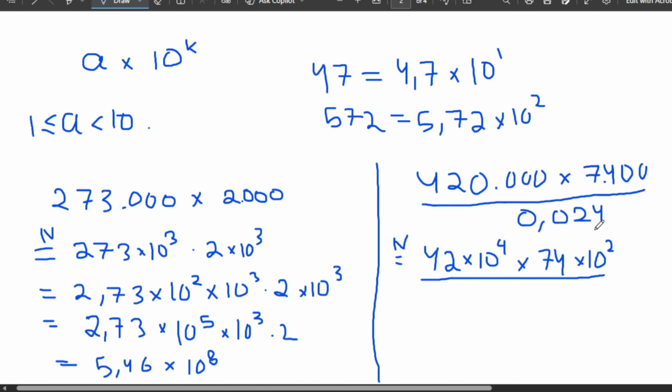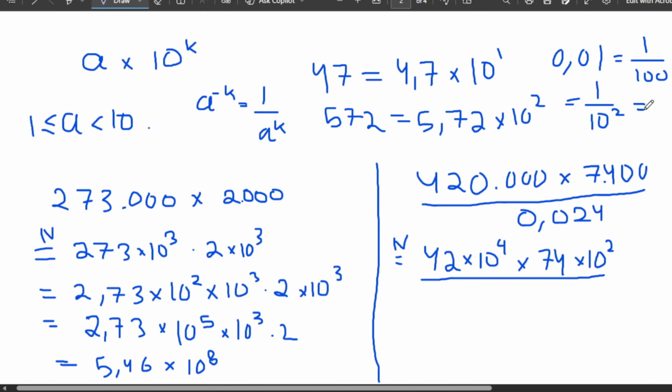How do we make 0.024 into scientific notation? Remember that if we have 0.01, it's the same thing as 1 over 100, right? If we want to convert into powers, that means 10 to the power of 2. And remember that a to the power of negative k must be 1 over a to the power of k.